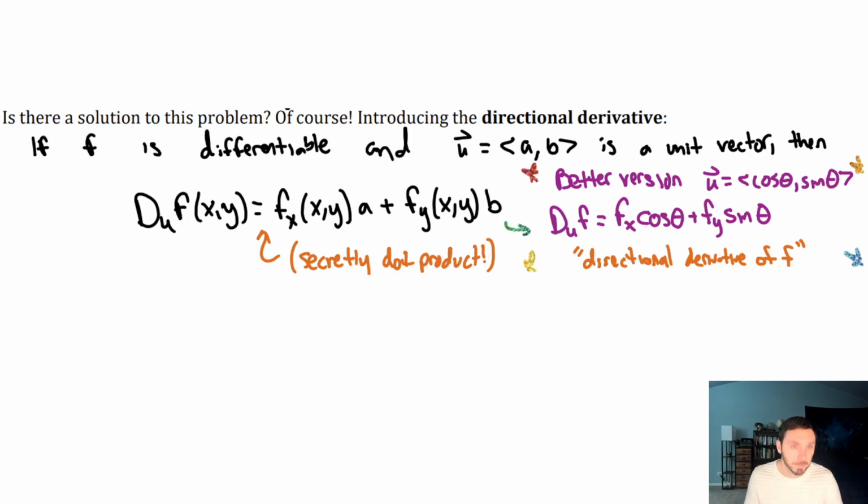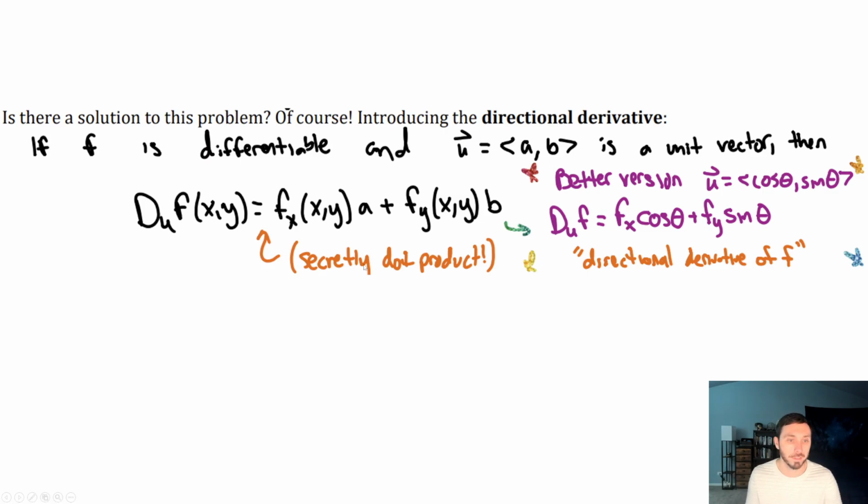If f is differentiable, and u is a unit vector, so some a, b, that's a unit vector, then D sub u of f of x, y, the directional derivative in the direction of u, is f sub x, the partial derivative with respect to x, times a, being the first component of the direction that we're moving in, plus the partial derivative with respect to y times the b component of the direction that we're pointing in for this unit vector, which is secretly a dot product between the partial derivative vector and then the unit vector.